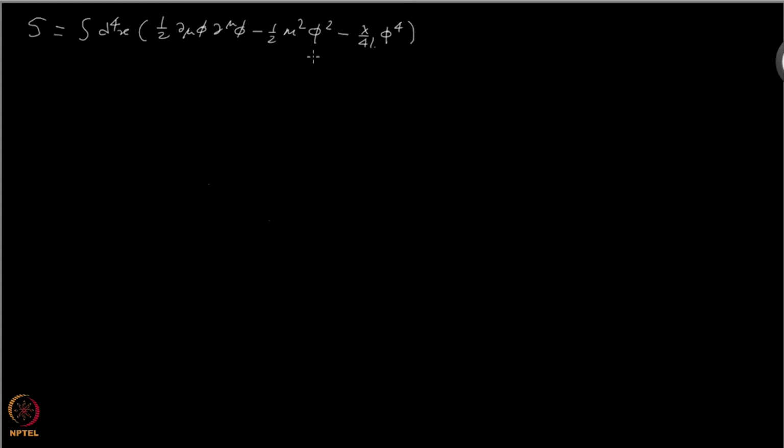As you know, this is an interacting theory, and if we keep only the terms which are quadratic and do not include the quartic term in here, then that theory is a free theory. So, if you have terms only up to here in the action, then that is a free theory.